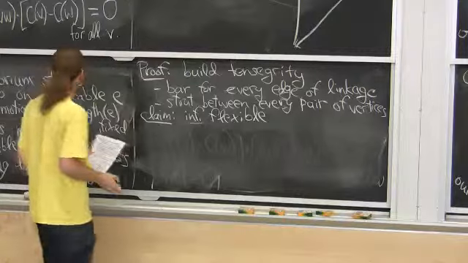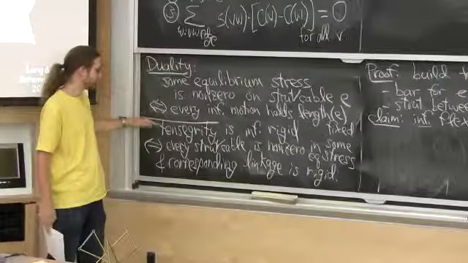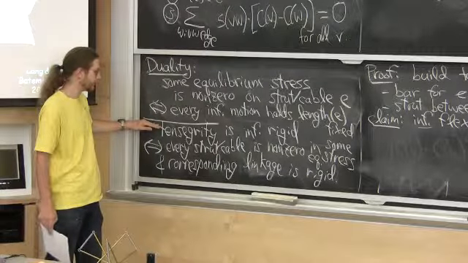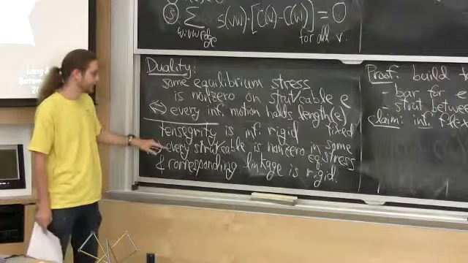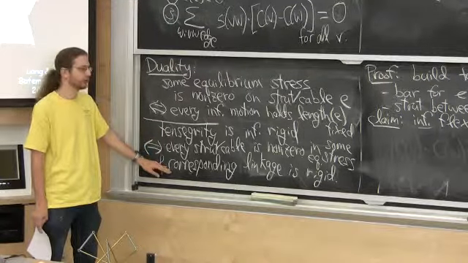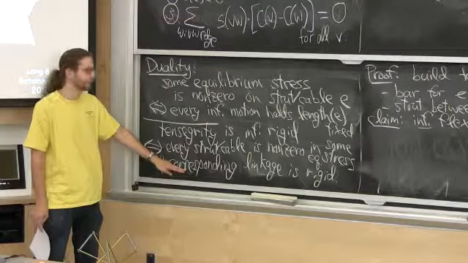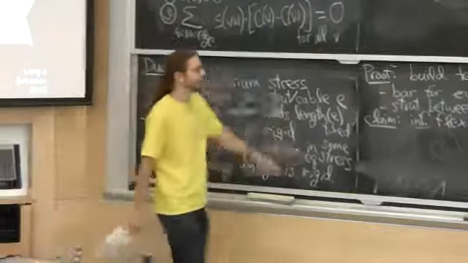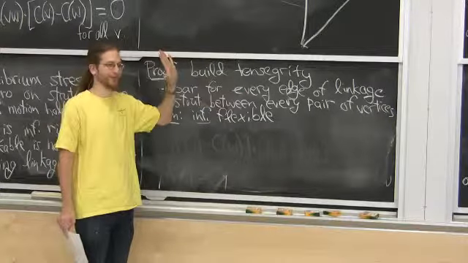So, what do we know? Duality. If I want to show, not that it's rigid, I want to show that it's flexible. All right, but it's rigid if and only if this is true and this is true. This will actually always be true. The corresponding linkage is rigid because every edge is in there. If I turn them all into bars, this thing is not moving at all.